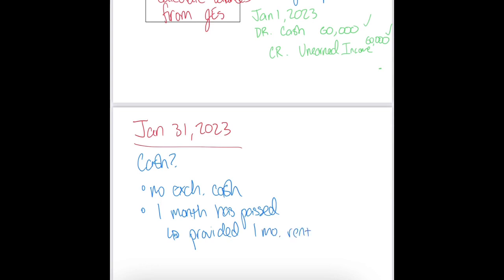And since we've now provided that good or service, not only have we provided that rent, that means that, hey, we've also earned 1 month's rent and income, right? So at the end of the month, no additional cash has changed. But what has happened is, hey, 1 month has passed by. I've provided 1 month's of rent. Hence, I've also earned 1 month's worth of rental income.